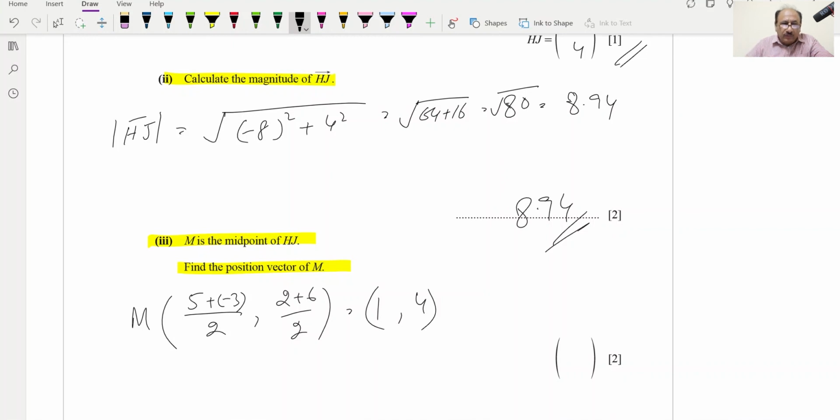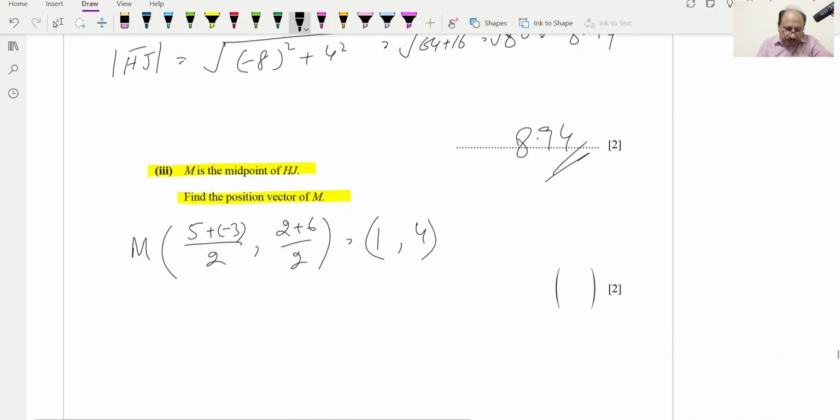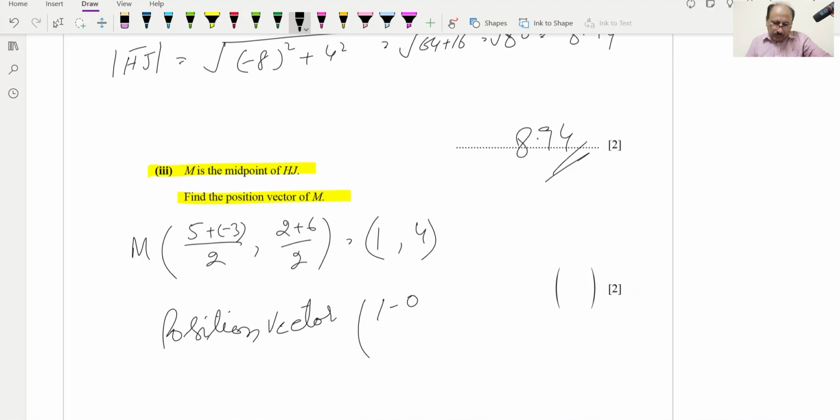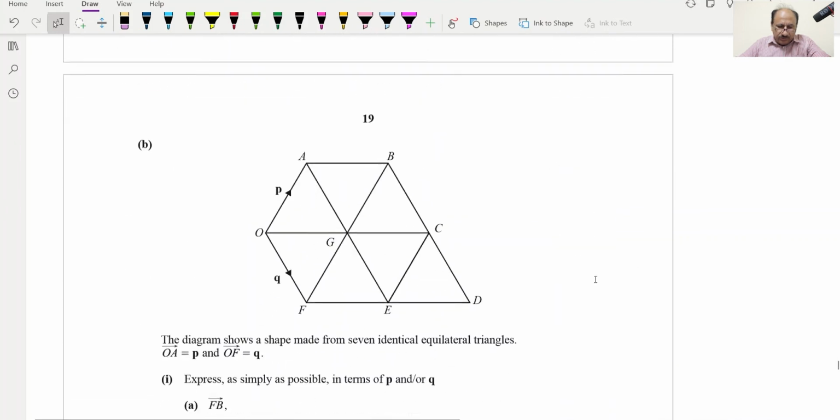So 1 and 4. Now the position vector will be from the origin, so it will be 1 minus 0 and 4 minus 0 from the origin. Basically we'll be writing 1 and 4, so this will be our answer for this.